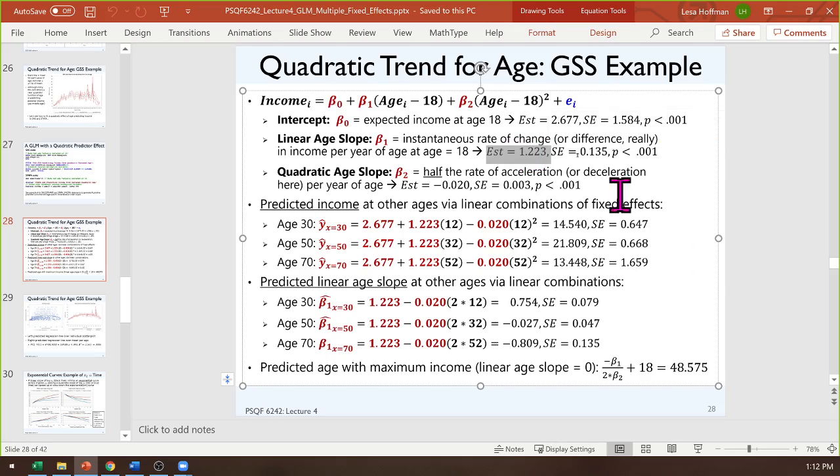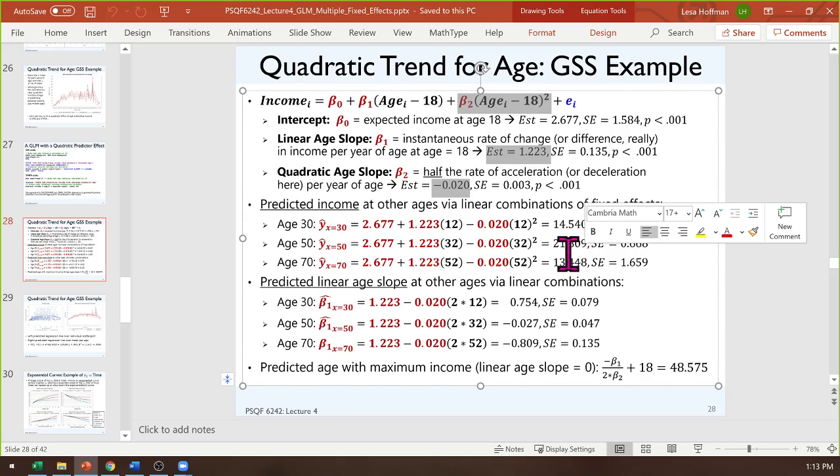Likewise, because of this quadratic term of age multiplied by itself, the effect of age, the linear term, just the straight effect of age, that slope of 1.2 is specific to an 18-year-old. So at age 18, for every year older you are, you make $1,200 more according to this model. The quadratic coefficient for age squared is negative.